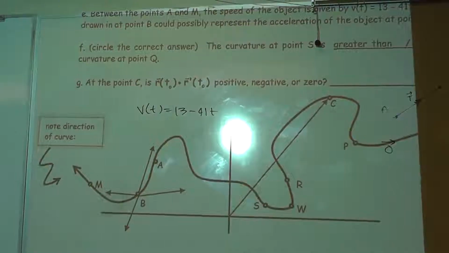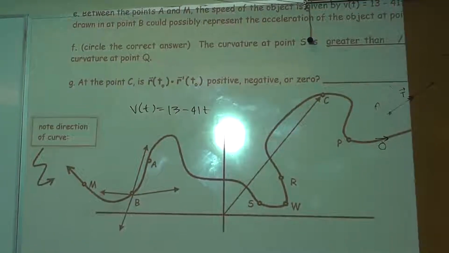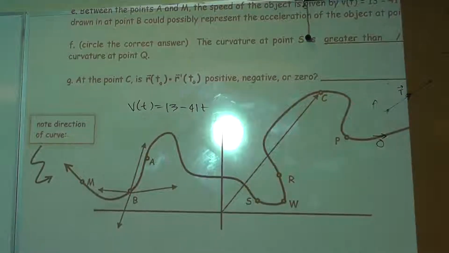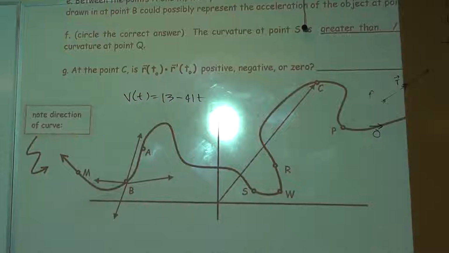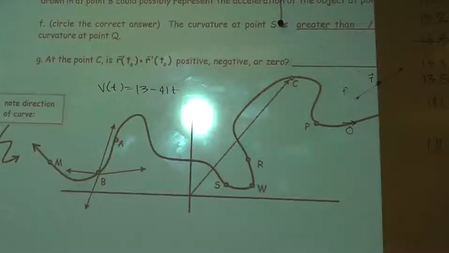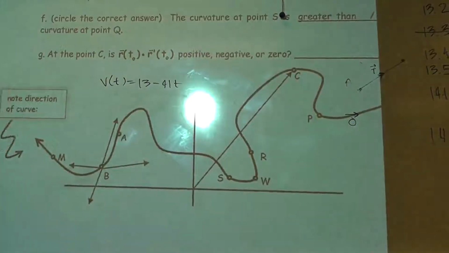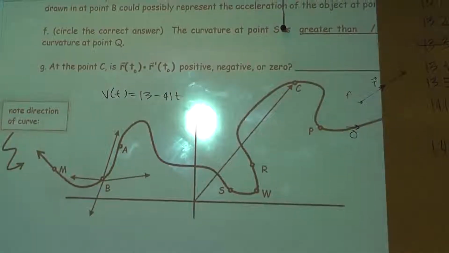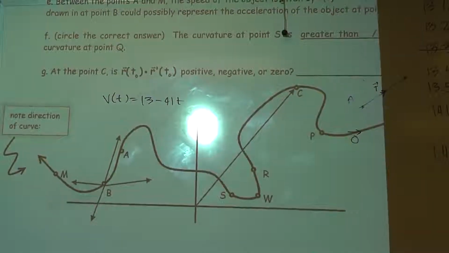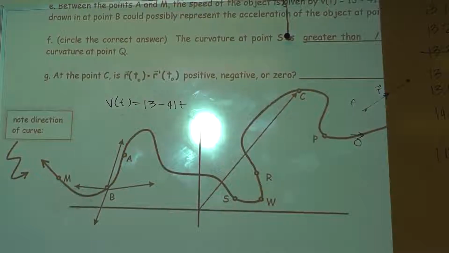Which of the 4 vectors drawn in part B could possibly represent the acceleration of the object at that point? Of the 4 vectors you see there, coming away from the point B, if this is the velocity function, which of those 4 could possibly represent your acceleration vector? Notice it doesn't say a sub t or a sub n, your acceleration vector itself.